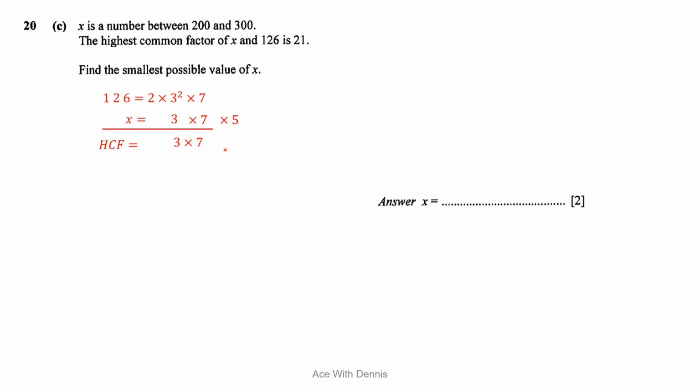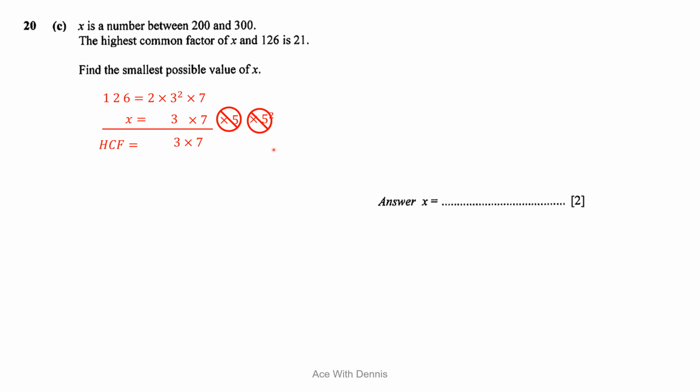Let's see. Can we pick 5? So if there's a prime factor of 5 for x, 3 times 7 times 5 wouldn't get a number between 200 and 300. So it's not possible to have 5 here. Next, how about 5 squared? So 3 times 7 times 5 squared is a number which is greater than 300.